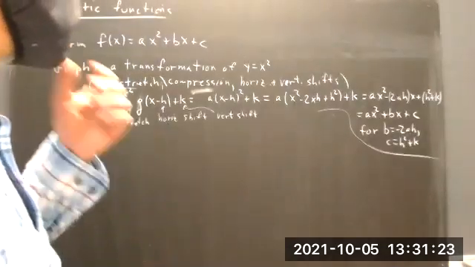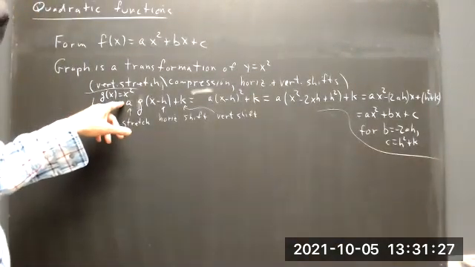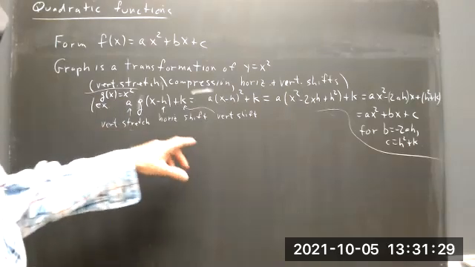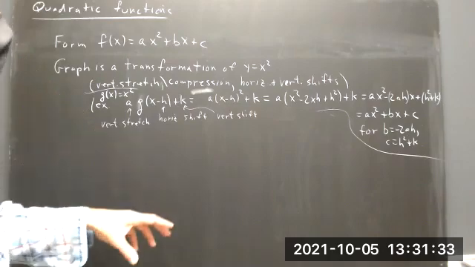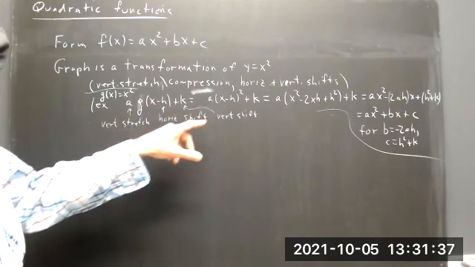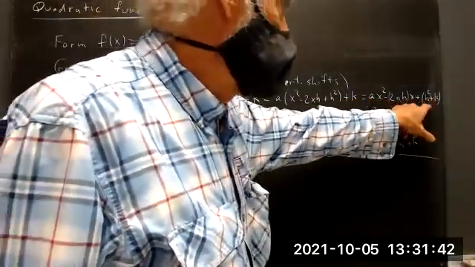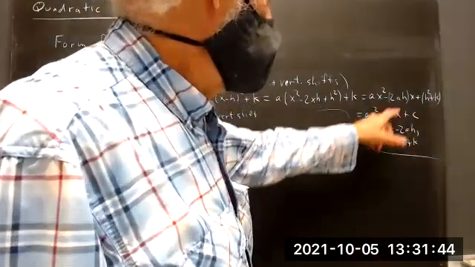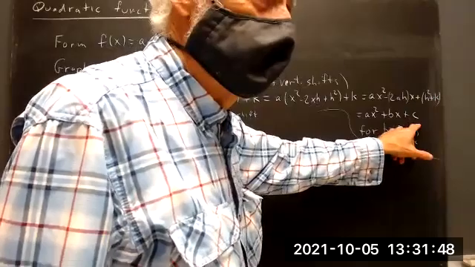To understand transformations: if you transform the basic squaring function by a vertical stretch, perhaps compression, maybe reflection, horizontally shifted h, vertically shifted k, it ends up like this. And if you let b equal this and c equal this, you have the ax squared plus bx plus c form.